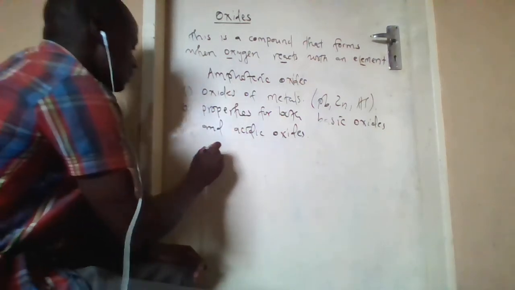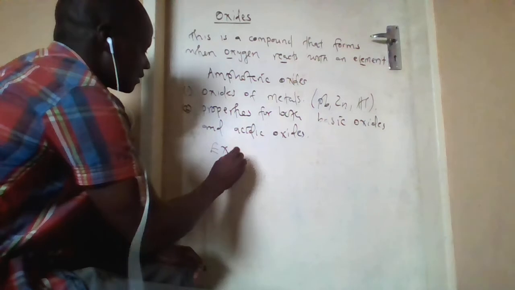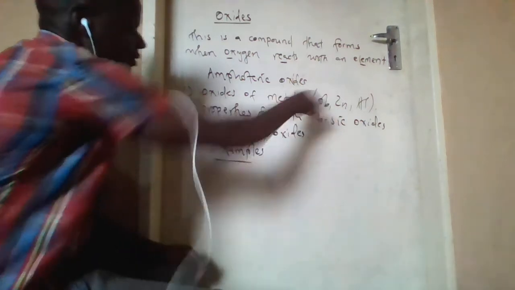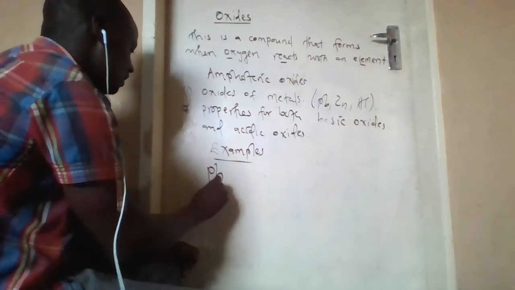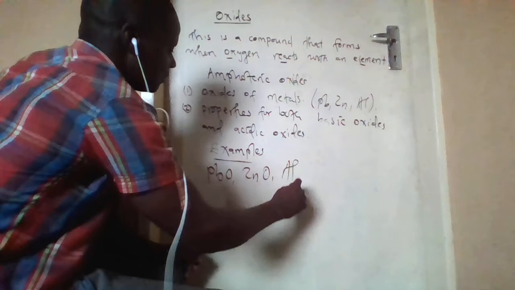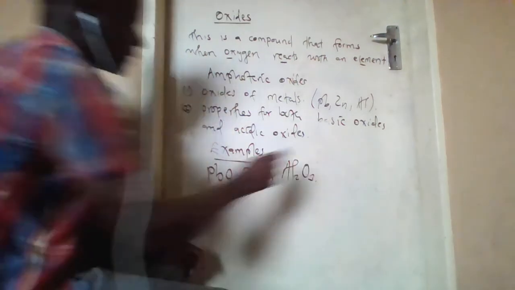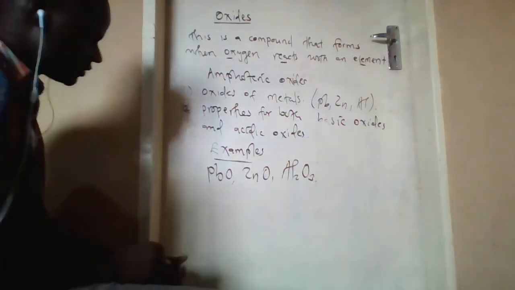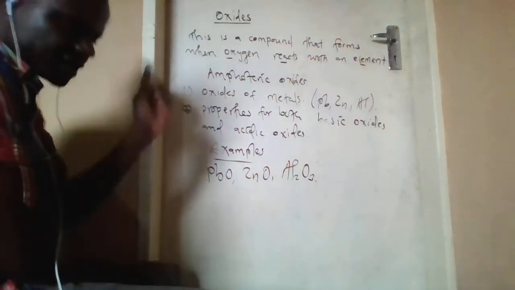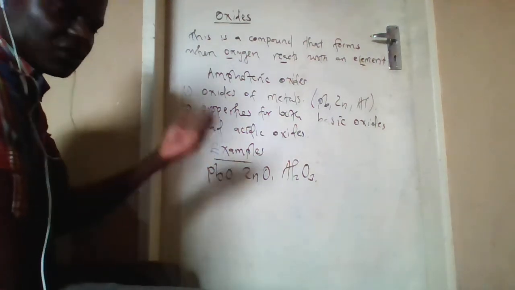So examples are Pb oxide, zinc oxide, and aluminium oxide. Those are examples of amphoteric oxides. Take note of this. They are oxides of metals.